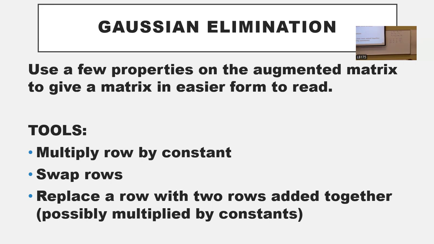So if we have a system of linear equations, how can I create another system which is equivalent? Well, I can multiply one of my equations by a constant on both sides. In the matrix format, that means I can multiply a row by a constant number.